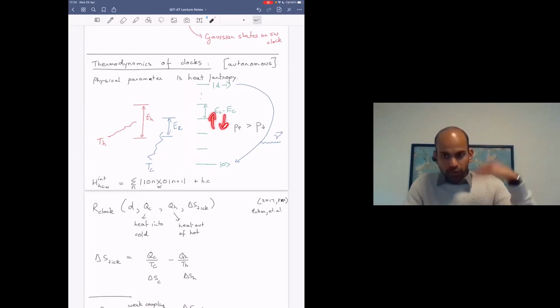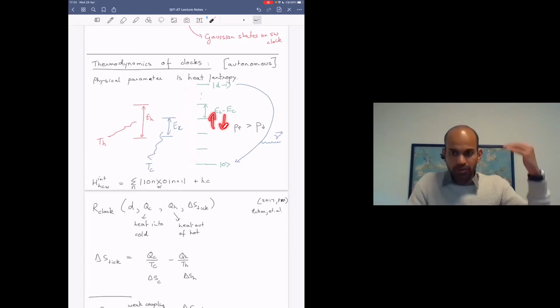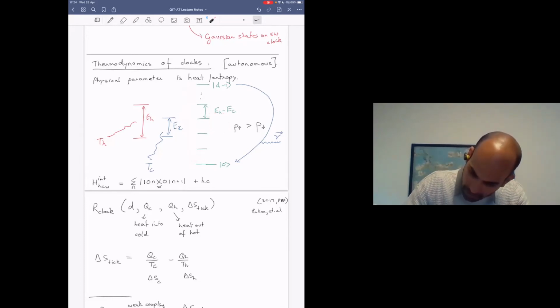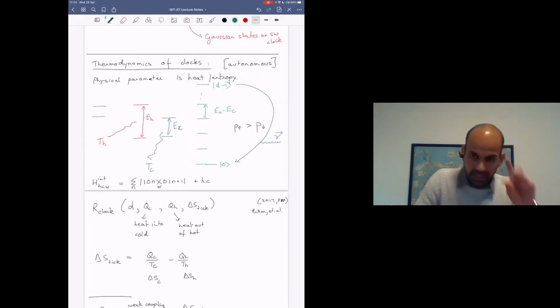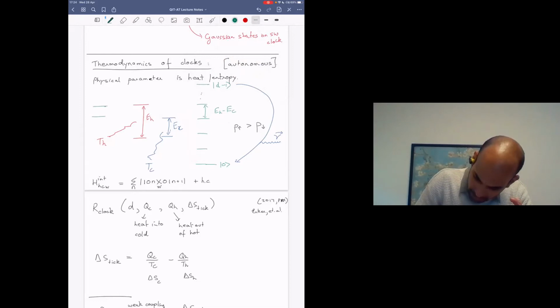And the rate of moving up and moving down is proportional to the populations in this virtual qubit. So if I write down a virtual qubit that is composed of these two, the hot and the cold qubits, then this virtual qubit is going to have some populations P0 and P1.